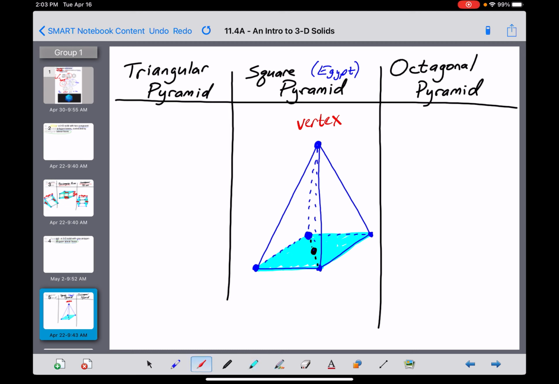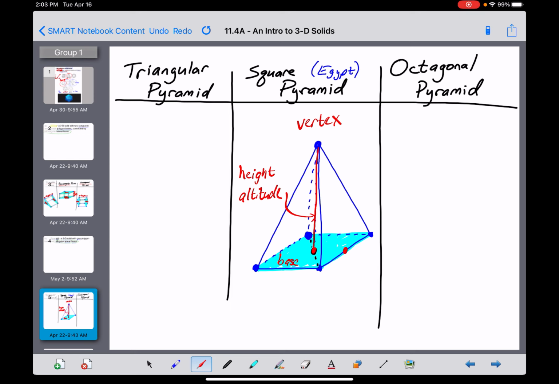Now, just a little bit of vocab. You've got this square base down here on the bottom. I wouldn't put this in your notes yet. We'll talk about this later. But this segment that comes straight down to the center right there is called the height or the altitude of your pyramid. And that goes right down the middle of the figure. You would not be able to see that from the outside.